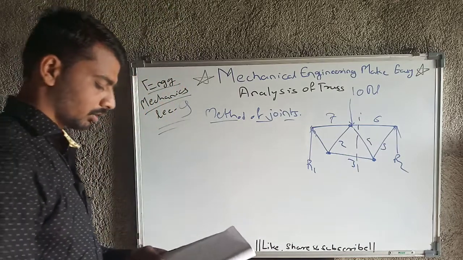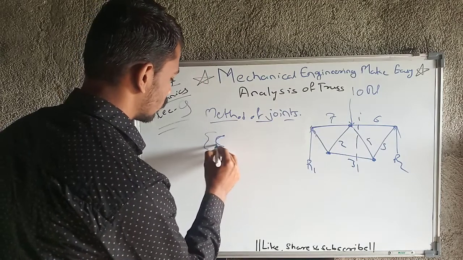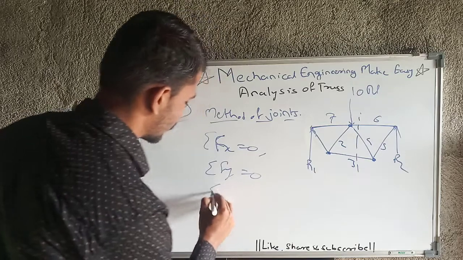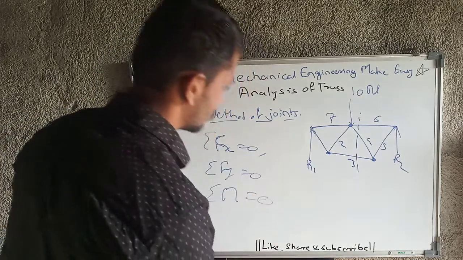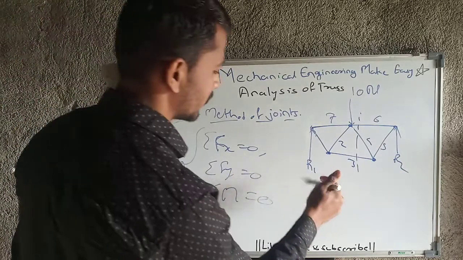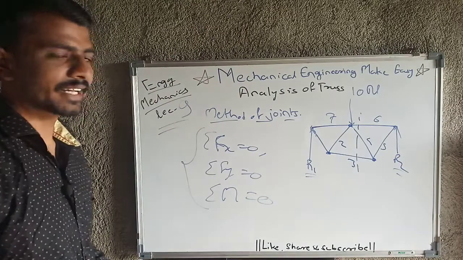Okay, how can we calculate? That is nothing but summation of Fx equal to 0, summation of Fy equal to 0, and summation of moment equal to 0. Okay, these three conditions of equilibrium we need to use to calculate the reactions at both ends. Okay, this is again as simple as that.